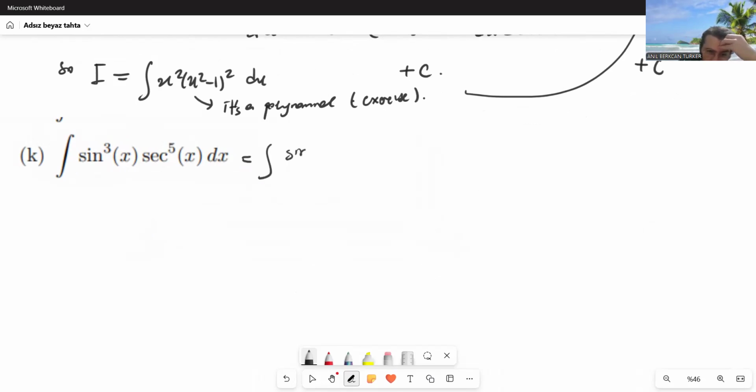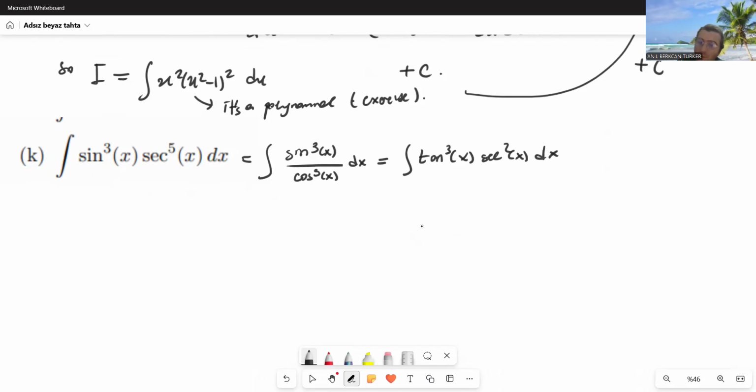It is actually sine cube x over cosine 5x dx. So now you can rewrite that as tangent cube x secant square x dx. Now it is very easily done, right?